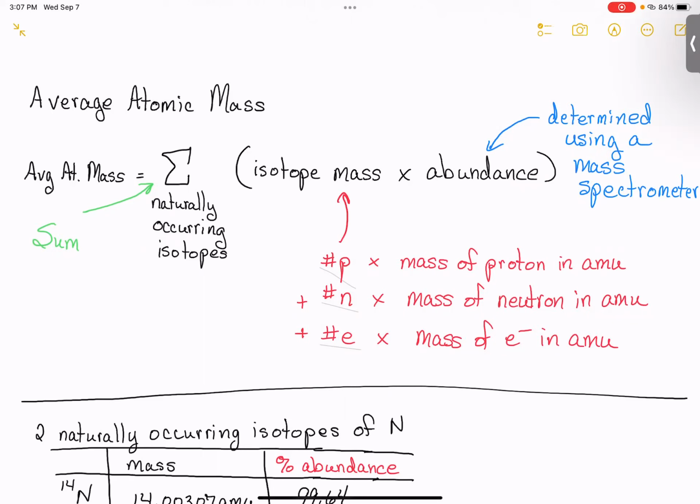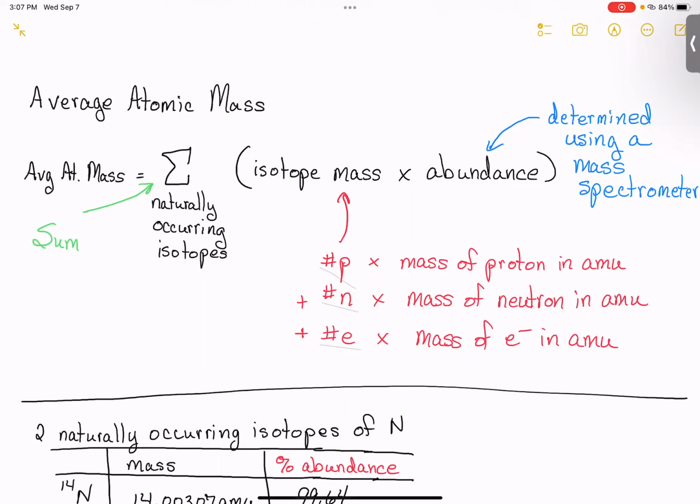When you look at this formula, folks, the isotope mass is the result of the mass of the protons in the nucleus added together, the mass of the electrons in the electron cloud added together, and the mass of the neutrons added together.